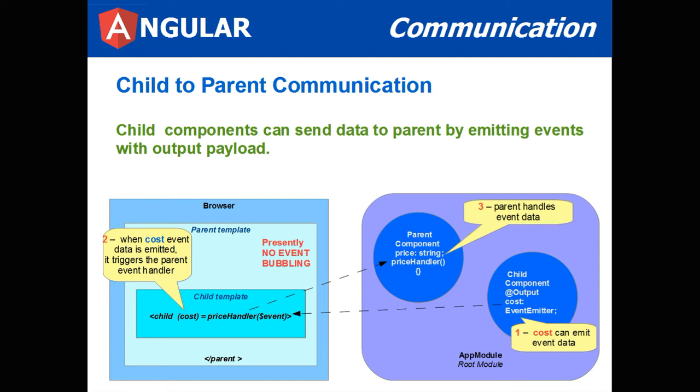So the parent handles the event data, and the parent's attributes, let's say the price, could then be changed by the price handler. Okay, so you could do both of these communication mechanisms at once. I have a little example which does that, and we'll take a look at that later.